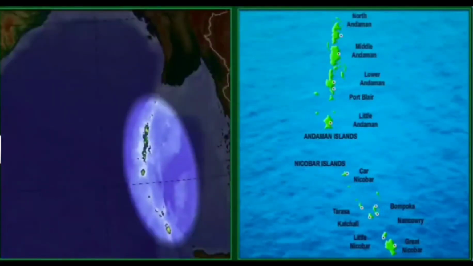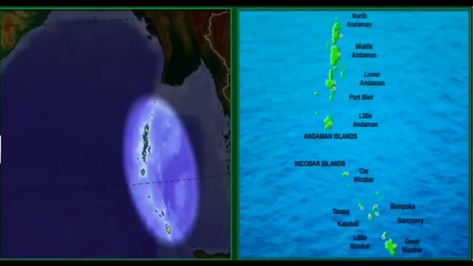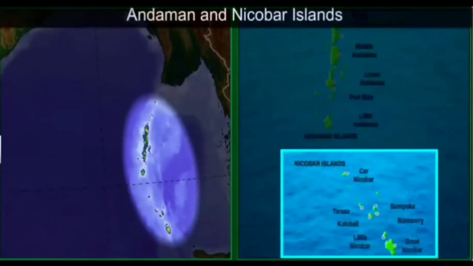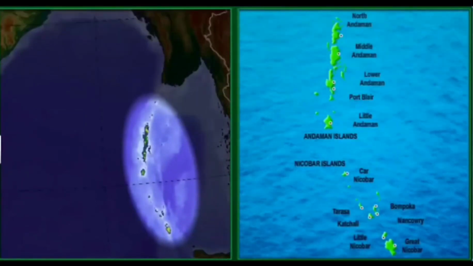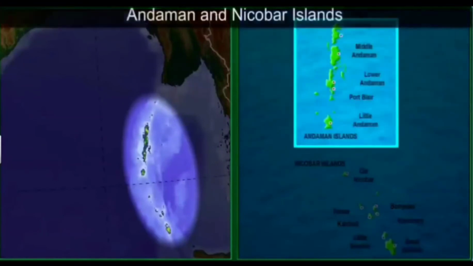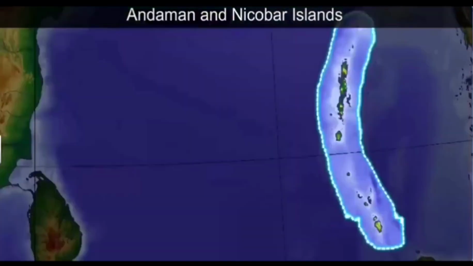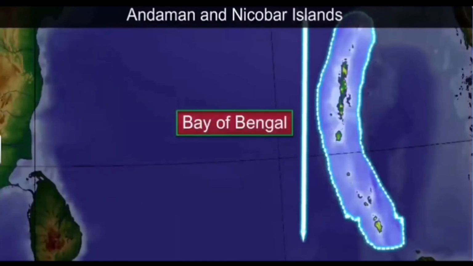Let's move on to the second group of islands, which is located on the eastern side of the peninsula, that is the Andaman and Nicobar Islands. It is a long chain of islands extending from north to south, located in the Bay of Bengal. There are numerous scattered islands in the long chain.